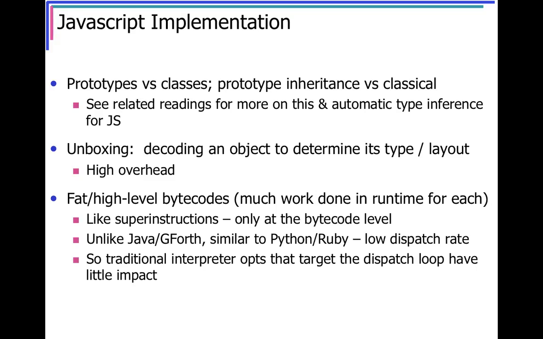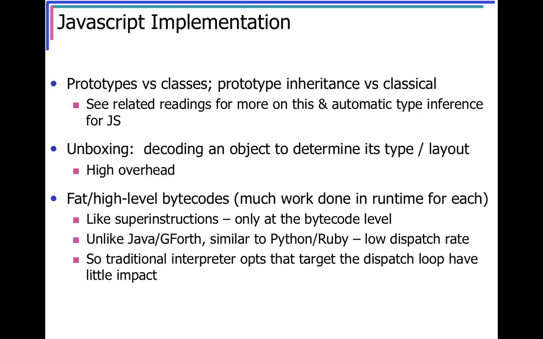That is, there's a ton of work going on for each bytecode. If you remember our interpreter paper and our interpreter optimizations, this is like having super instructions in the bytecode. Instead of having lots of fine-grained bytecodes that do a little bit of work, we have a lot of fat bytecodes that do a ton of work. This is similar to Python and Ruby, but very different from Java and C.